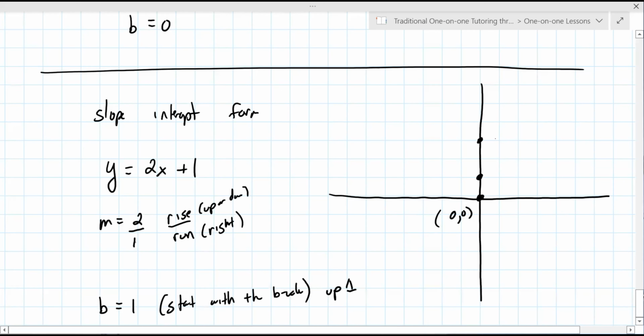You're going right 1. So there's your new point. And then you do the same thing. You go up 2, rising 2, right 1. And depending on the course, I don't know how many dots they want, but we can call that.